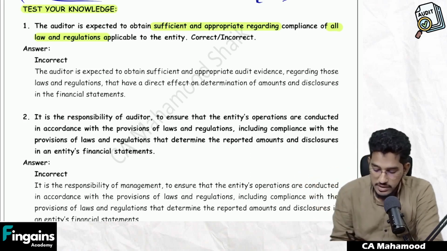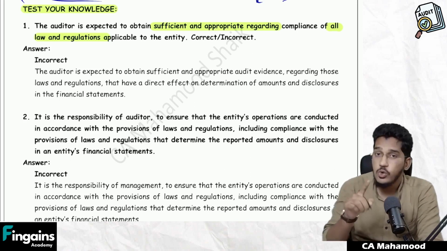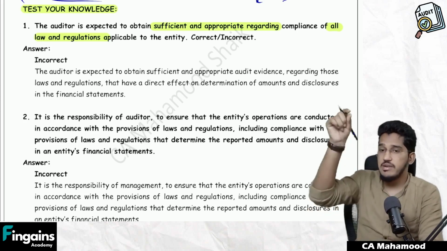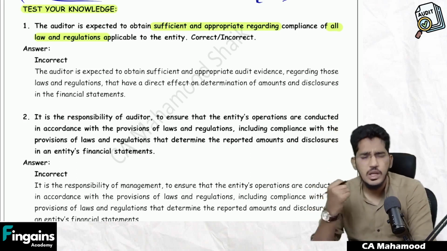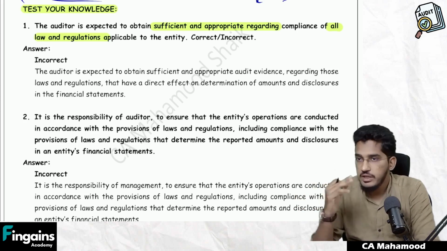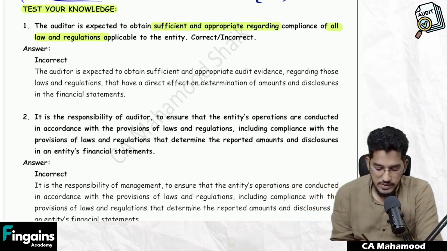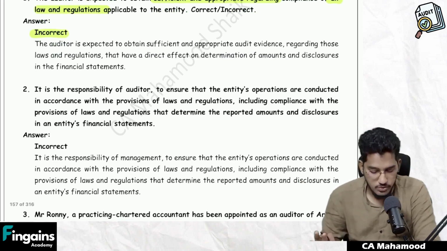Because SA 250 says you are required to obtain sufficient and appropriate audit evidence only regarding those laws and regulations which have a direct effect on the determination of amounts and disclosures in the financial statements. Type 1. For type 2, you need not obtain sufficient and appropriate audit evidence; you need to perform specified audit procedures only. So that's why the given statement is incorrect. The same explanation I have mentioned is what they will write in the answer also.